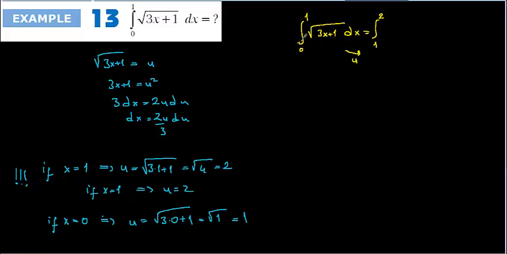Instead of square root of 3x plus 1, we write u, and instead of dx, 2 over 3 u du.